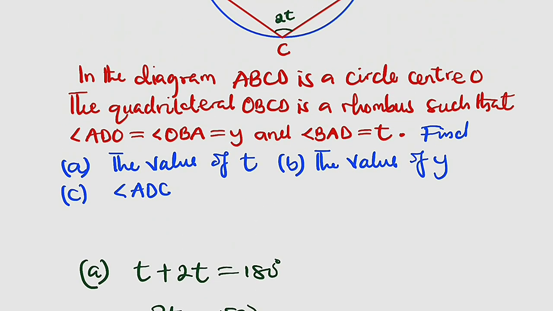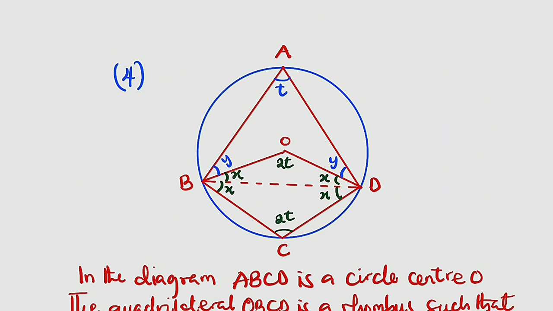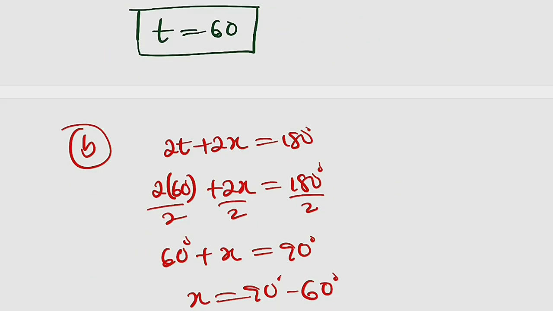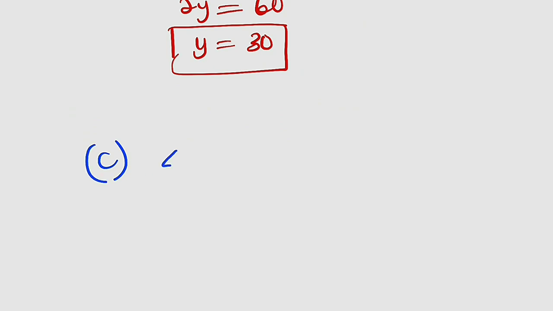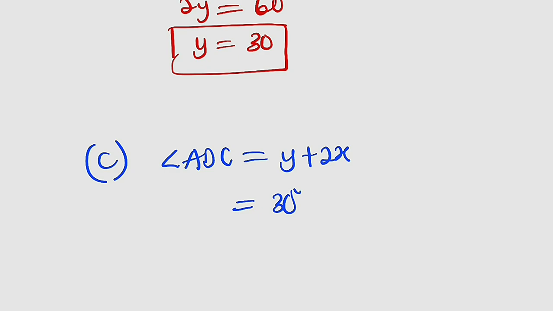Then the C part, we're asked to find the measure of angle ADC. What is ADC? So we are looking for a combination of y and 2x. So angle ADC will be equal to the combination of y and 2x, right? So this will be equal to y is 30 degrees, plus 2 multiplied by x.